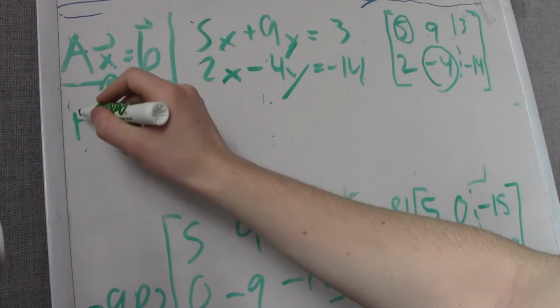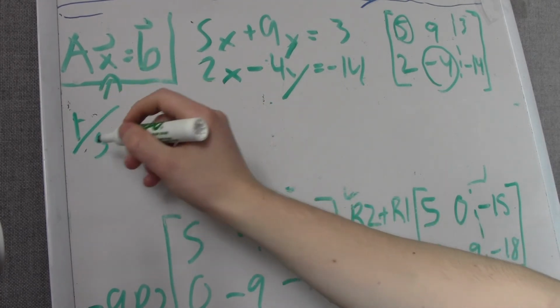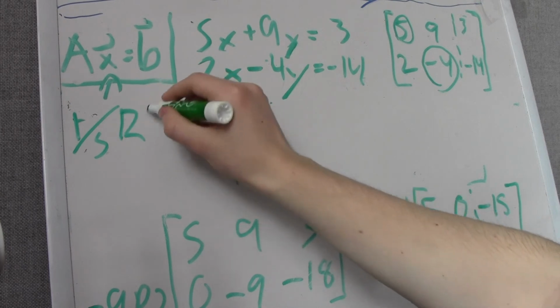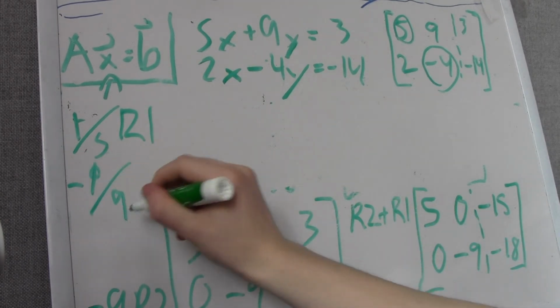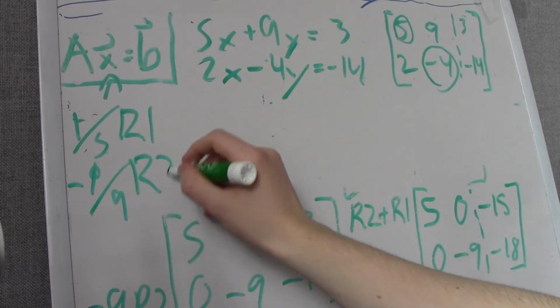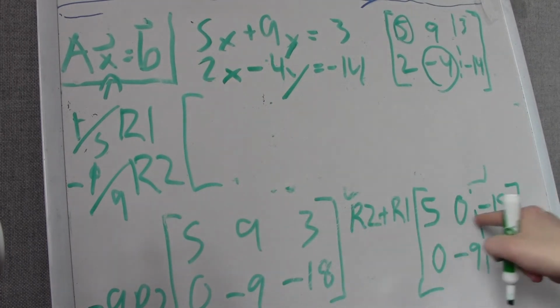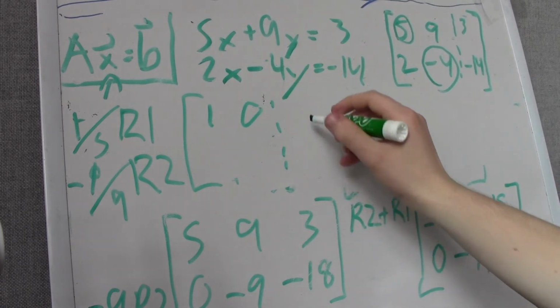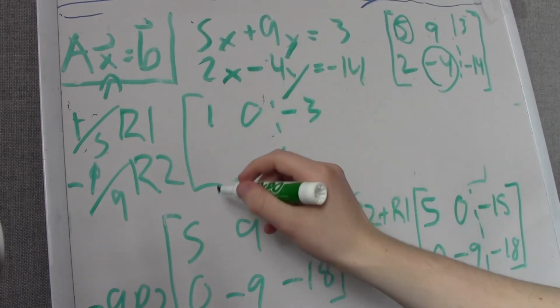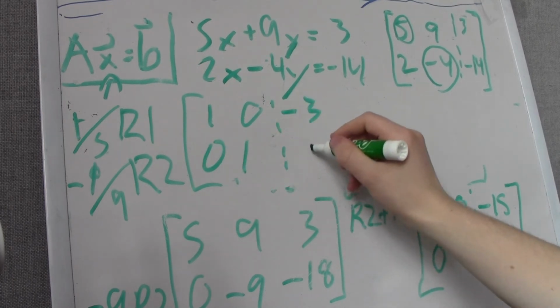So row 1 divided by 5, and row 2 divided by 9. That comes out to 1, 0, -3, and 0, 1, 2.